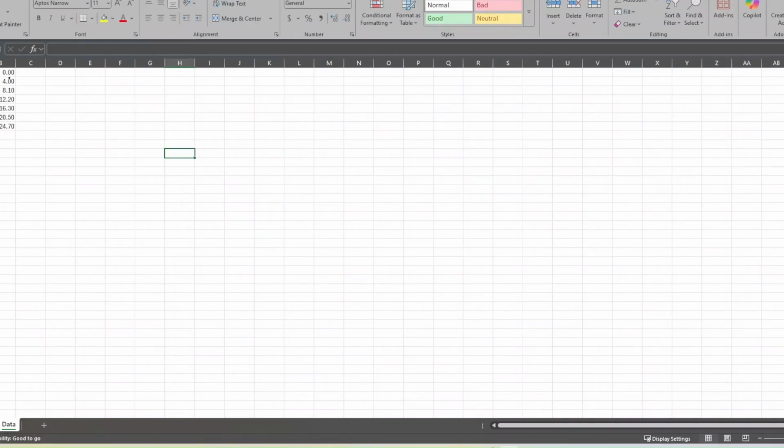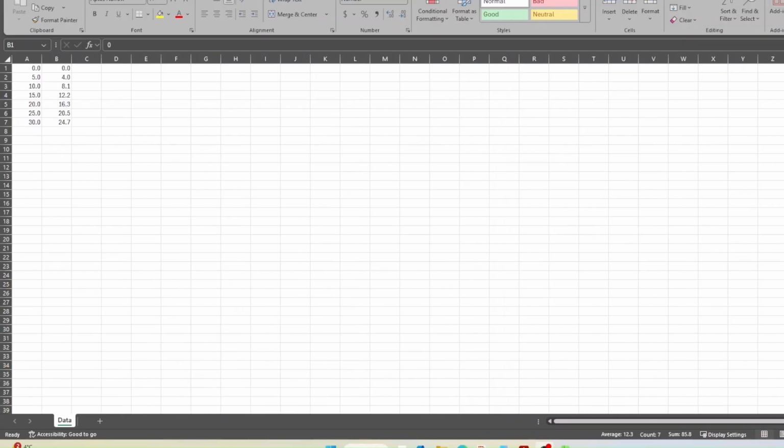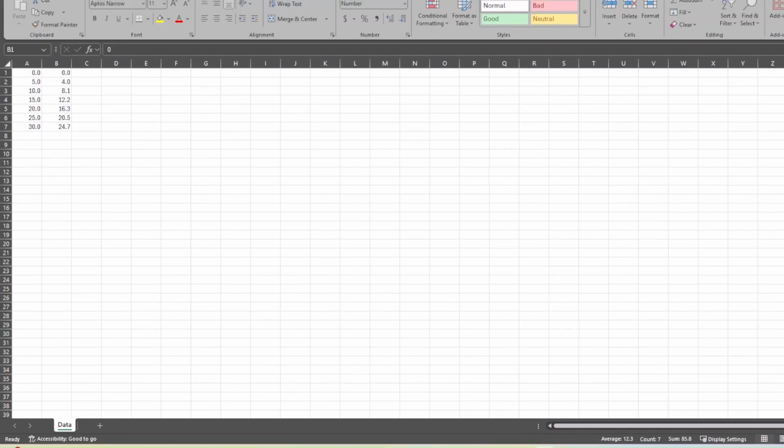The one thing I wanted to show you is that when I originally put this data in, because all the last digits were zeros, they only went to one decimal place. Or if I had put one of them as like 12.25, it would have put it down as 12.2. But what we want to show is precision.